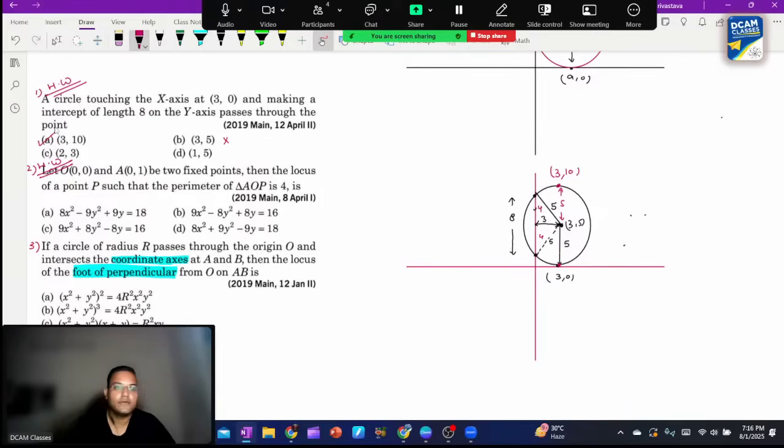The other way is we can just try to find the equation of the circle. How? The equation can be (x minus 3) whole square plus (y minus 5) whole square is equal to 5 square. The center we have found, and the radius we know is 5. So this will be the equation.